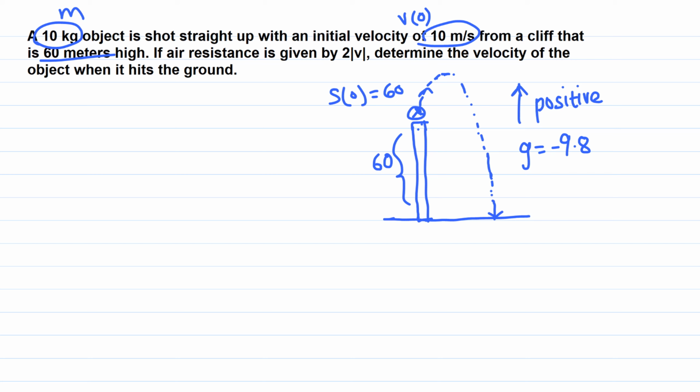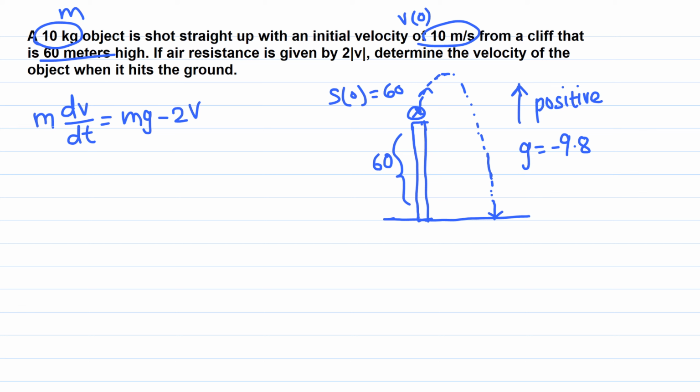In either case, up or down, the motion is modeled by the force, m times a. Force is mass times acceleration, or m dv over dt equals the weight minus the air resistance, which we subtract, and it comes out to be positive, so the absolute value of v.